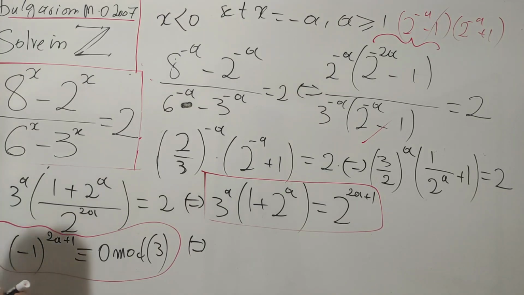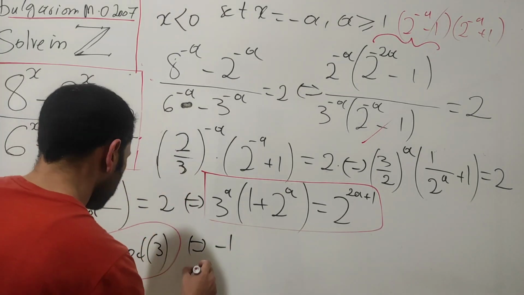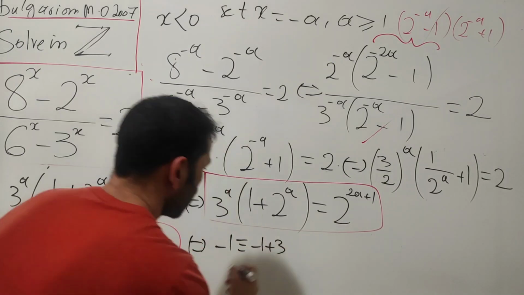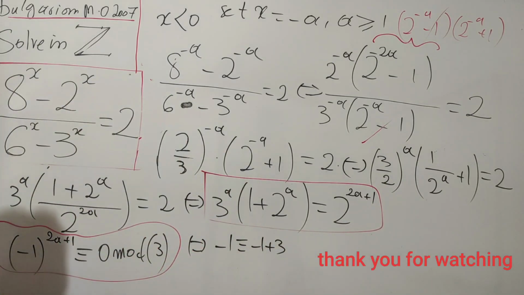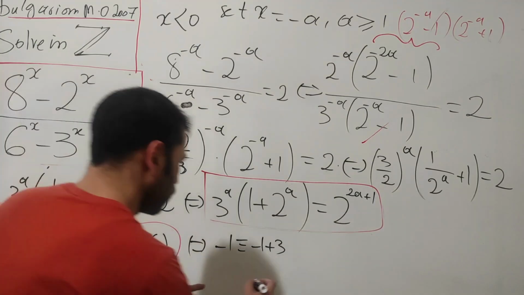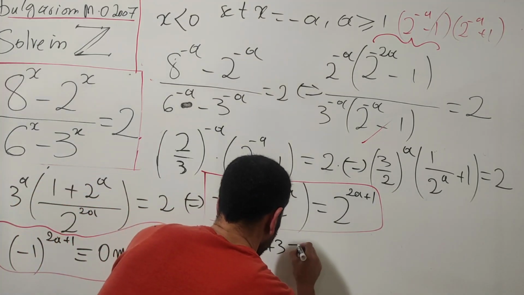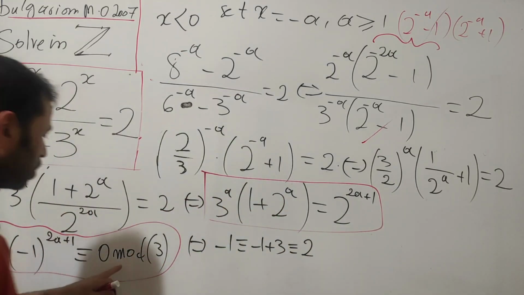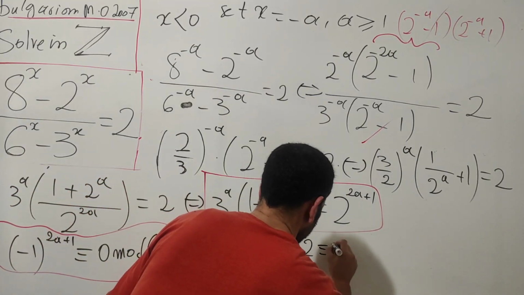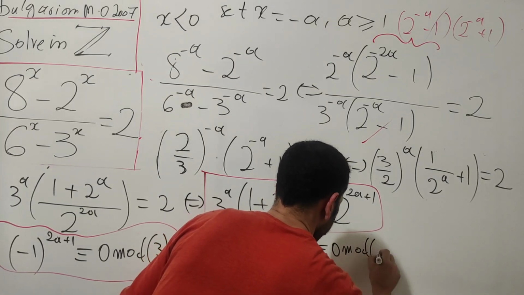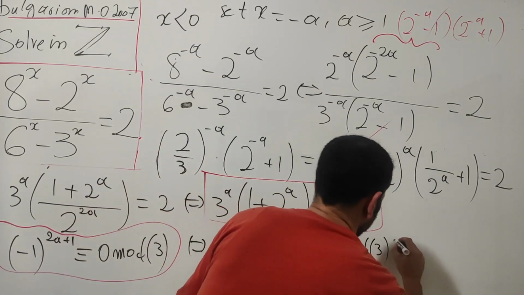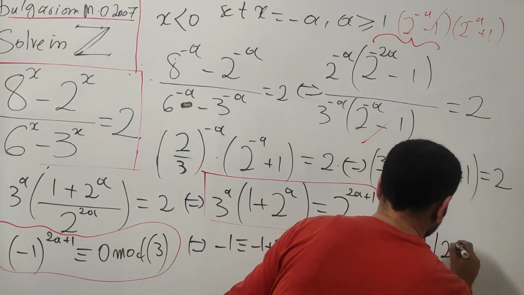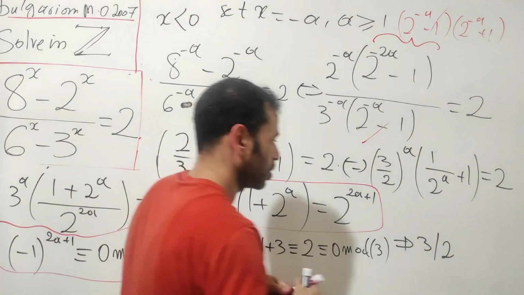I will be left with minus number 1, which is congruent to minus 1 plus number 3. I'm just adding number 3, okay, because it's divisible by number 3. So if I calculate this one, it is congruent to 2. You know the right hand side of this equation is congruent to 0 mod 3. According to the divisibility statement, this is saying 3 divides number 2, which clearly is impossible.